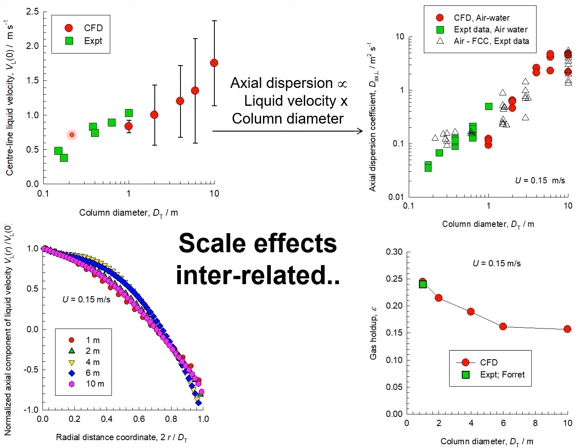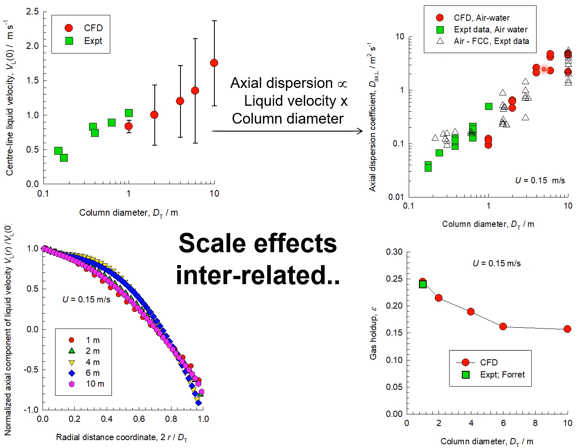As a consequence of the increase in the liquid circulation velocity, the axial dispersion coefficient is strongly influenced by the column diameter. Here are the experimental data for air-water system shown by the green squares.